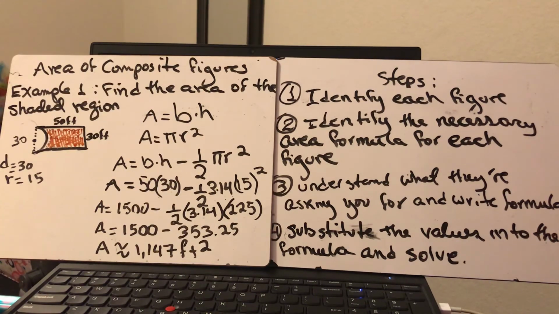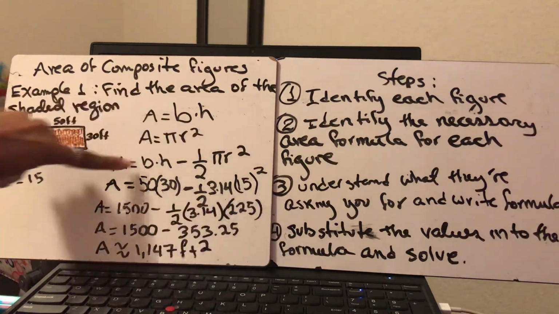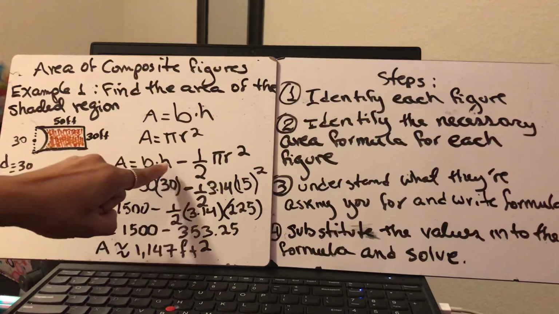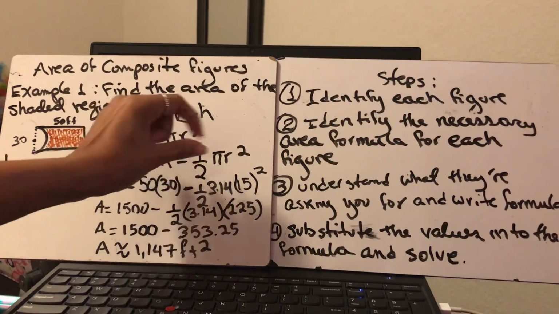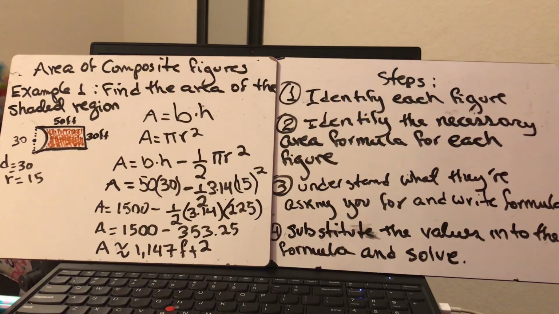And then I went back and read the problem to understand what they're asking me for. They only need the area of the shaded region. So I wrote down the formula this way, which represents the area of the rectangle minus half of the area of the circle. Then I substituted the values into that formula and I solved.